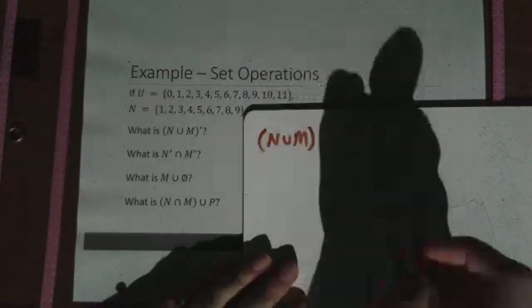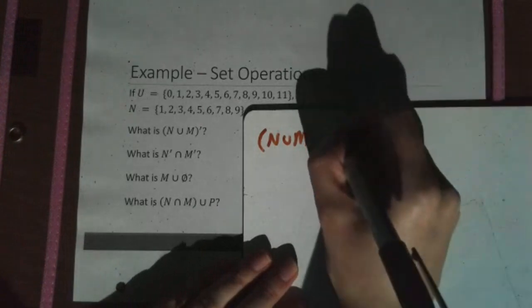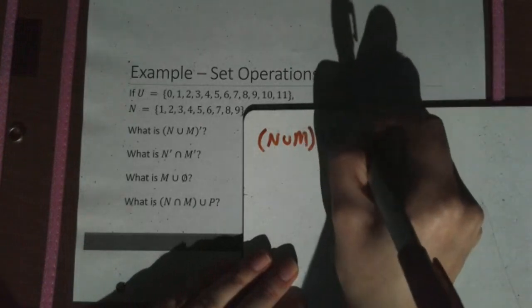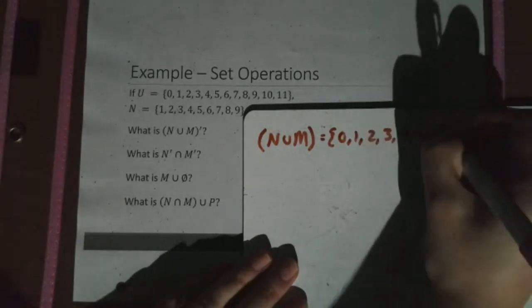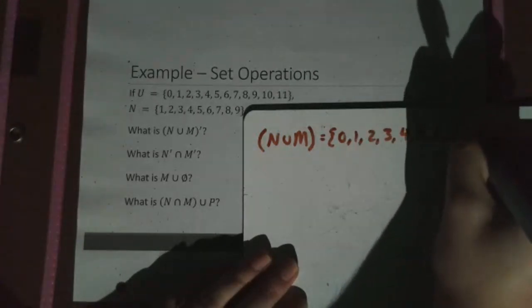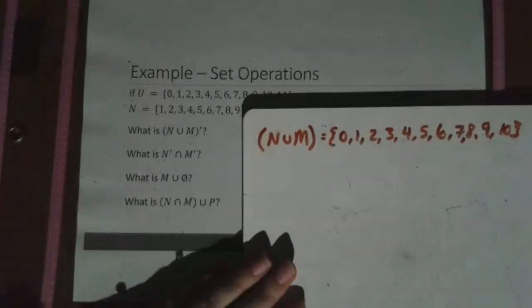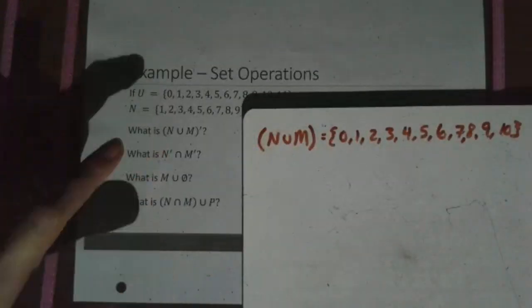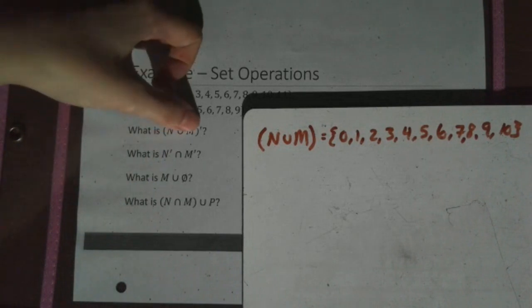Well, I just found that. So if I list out what is in N union M, that was 0, 1, 2, 3, 4, 5, 6, 7, 8, 9, 10. So now that I know what N union M is, now I can find the complement of it.